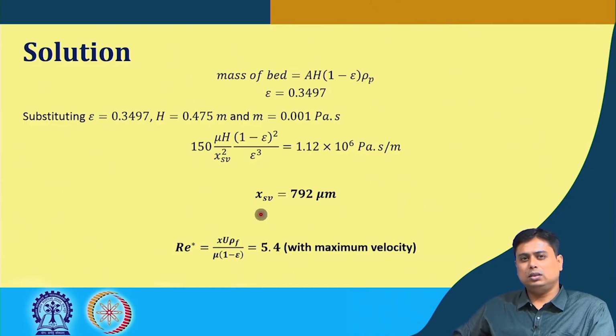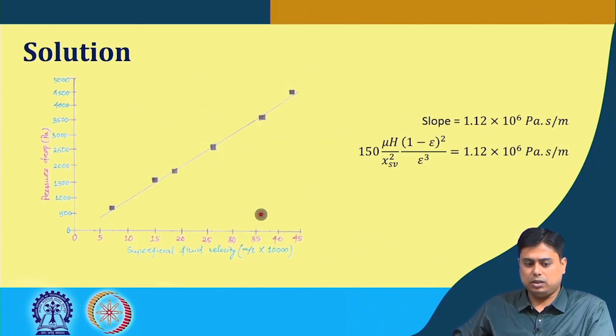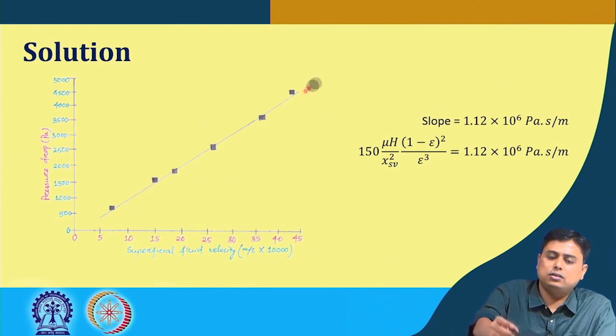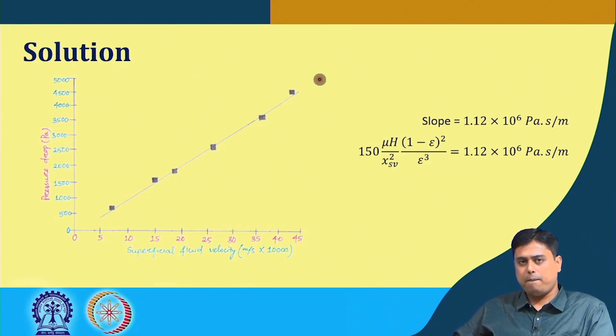The third part was, what is the relevant Reynolds number? This is also to verify whether our assumption of considering only the first part was valid or not, but here there was in fact no assumption, because we had this data.